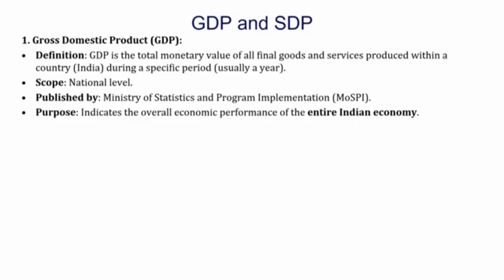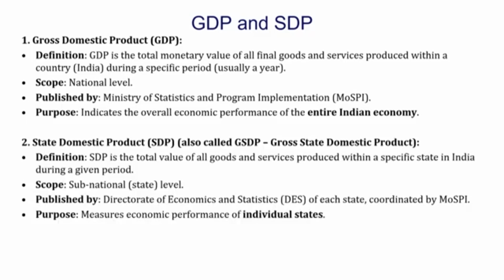The scope of GDP is at the national level, and in the Indian case it is published by the Ministry of Statistics and Programme Implementation. The purpose is to indicate the overall economic performance of the entire Indian economy, to what magnitude the Indian economy is growing. In order to measure that, we use GDP.